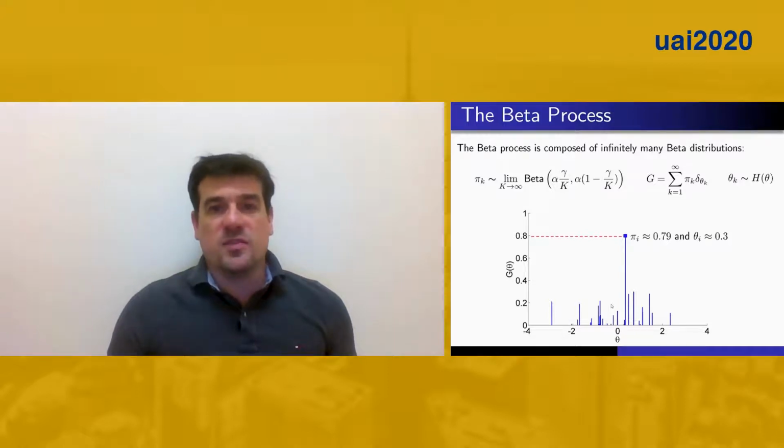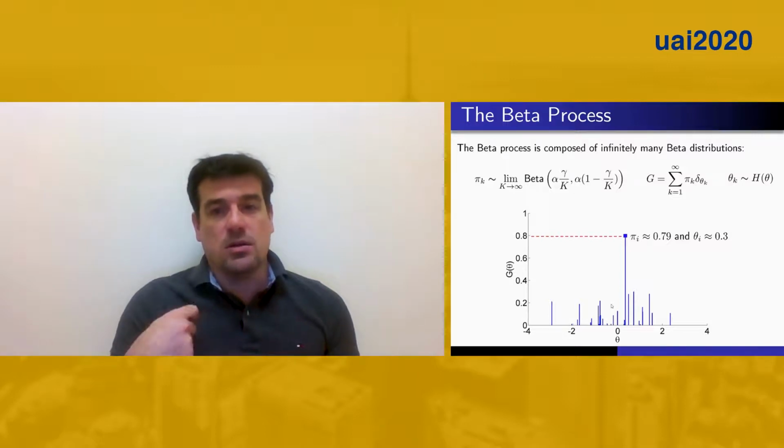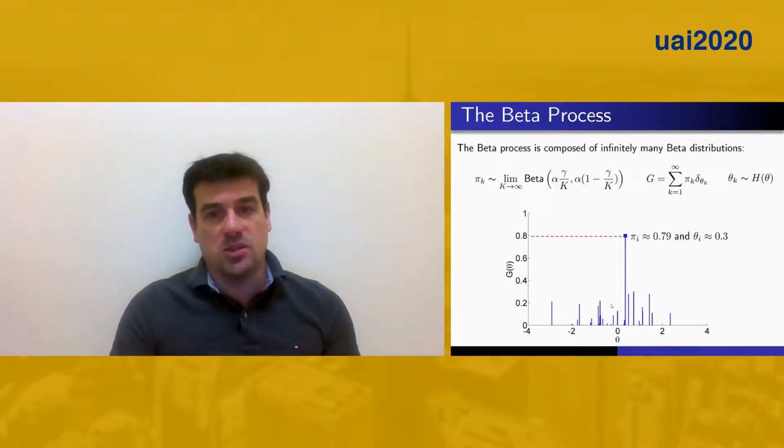So the Indian Chef's process builds upon the beta process. The beta process is a probability distribution over random measures. It's a collection of beta random variables. And we can think of this as beta random variables positioned at different positions theta k, which are also random from a base distribution H. And when you sample your beta distribution, you will have a probability pi k.